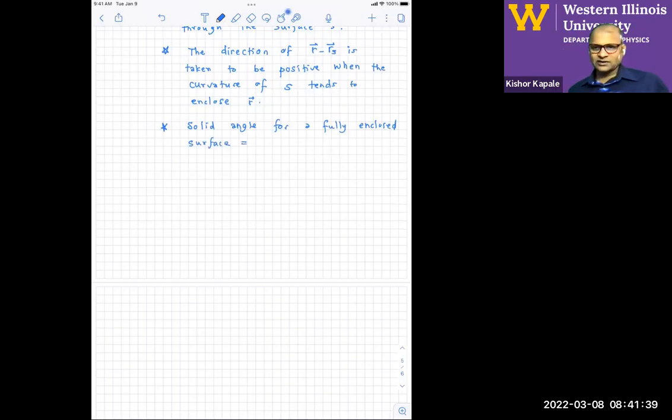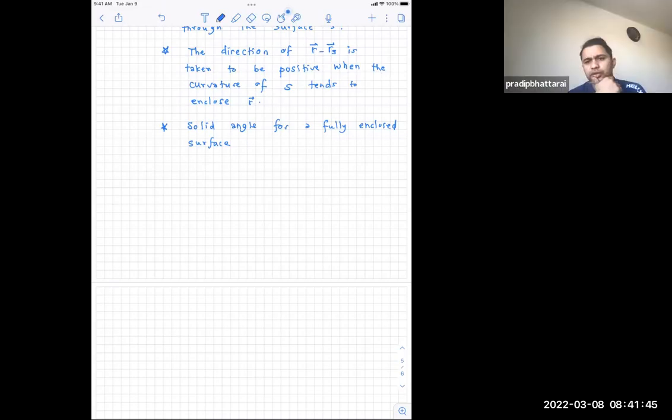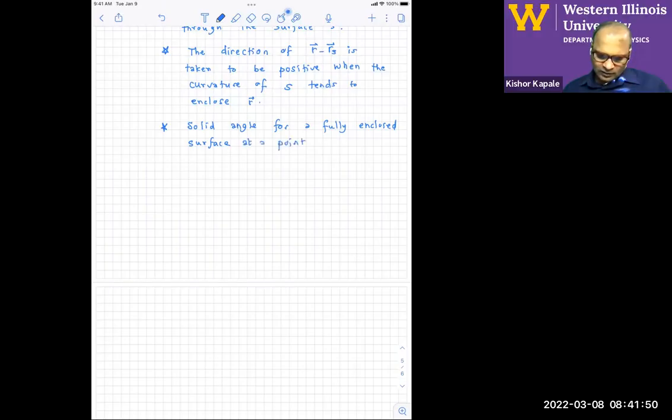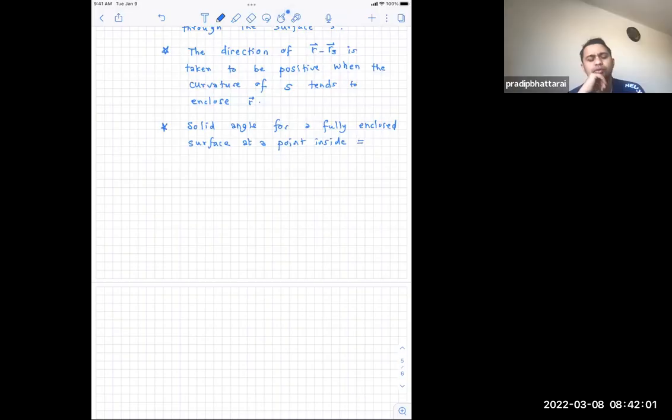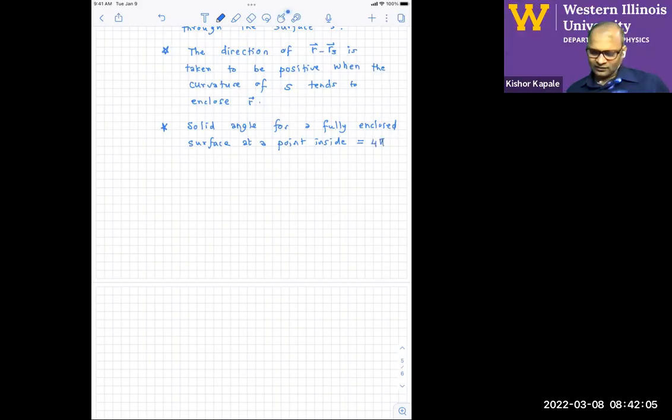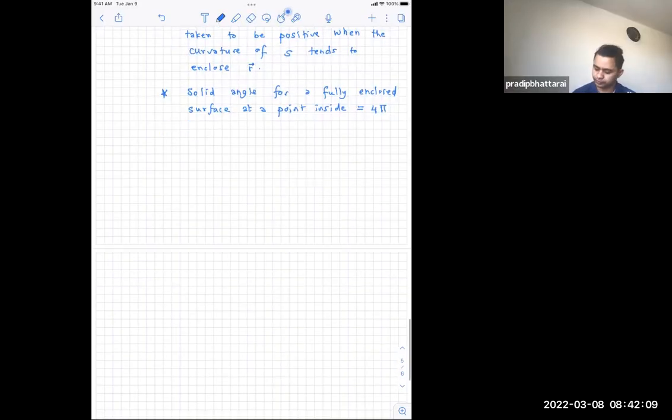I think you know the answer to this already. At a point, it is an angle, so it cannot have any dimensions. Somebody said 4 pi. Yes, it's 4 pi. Very good. You know that already, right?